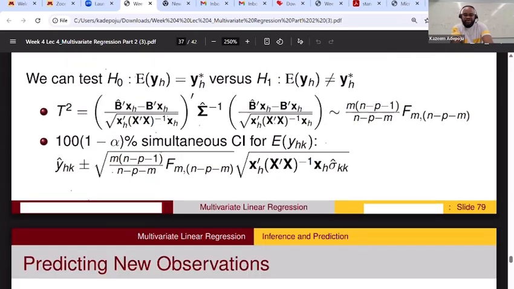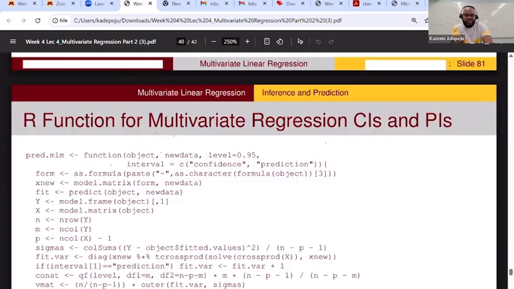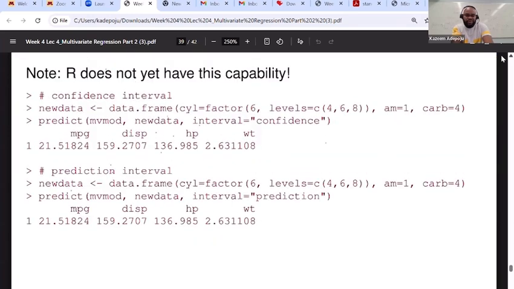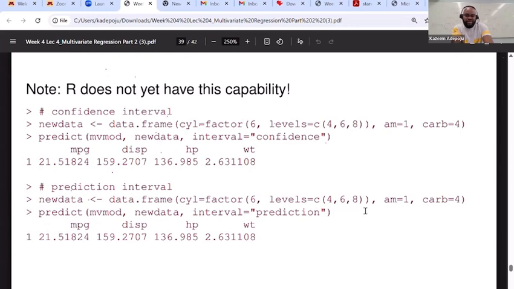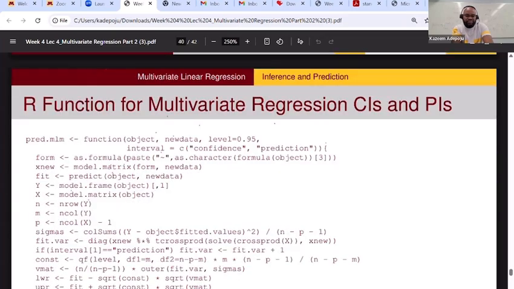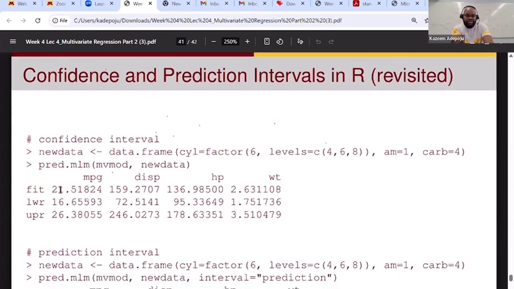So how do we do that in R? I'm going to show you how. If you take a look at what I have, this is when I'm focusing on MPG. But what if I want to focus on more than one response variable?